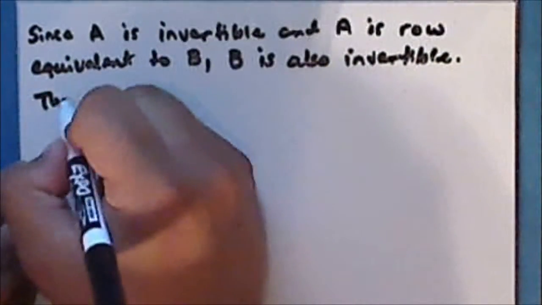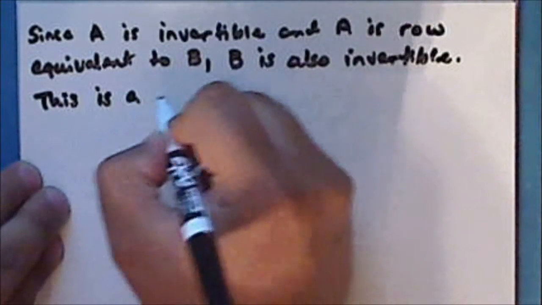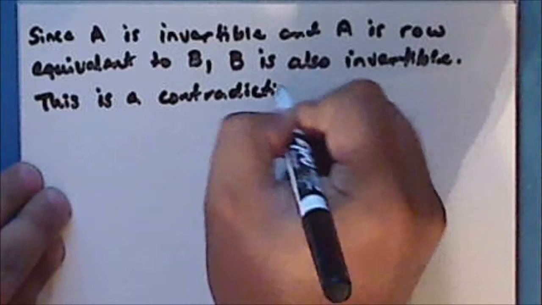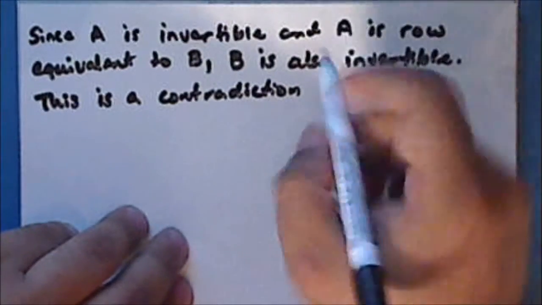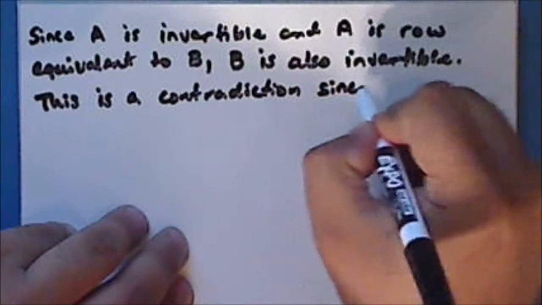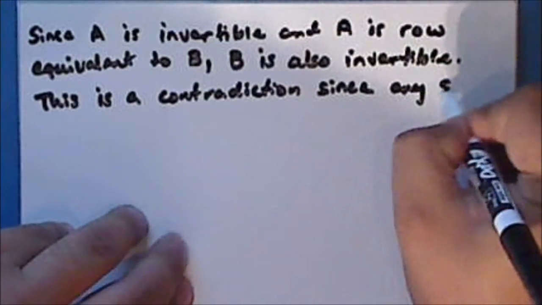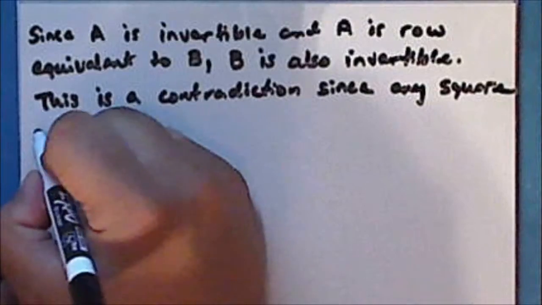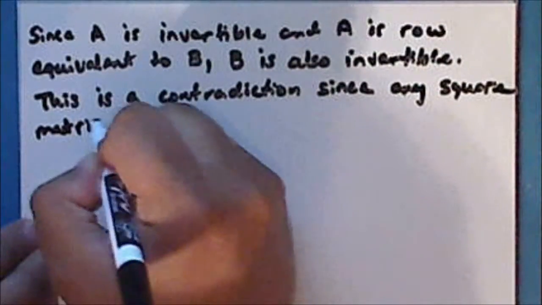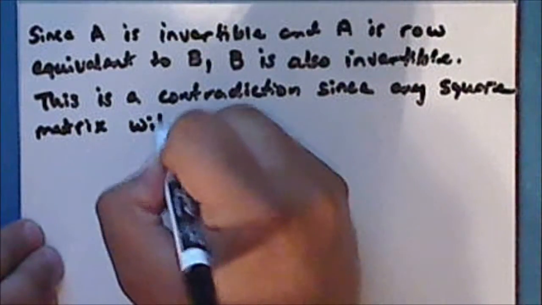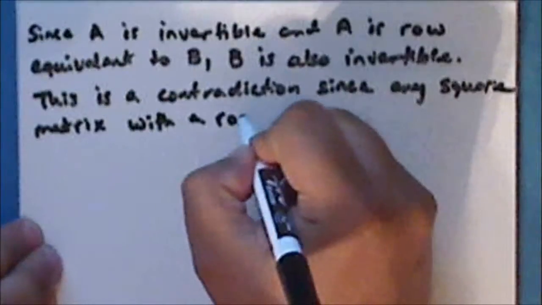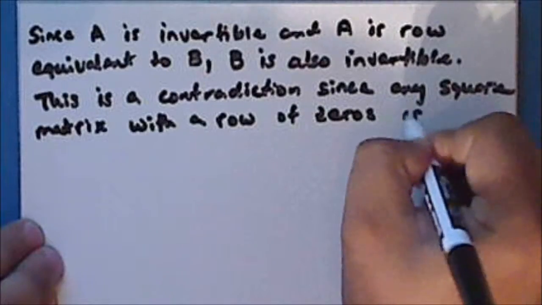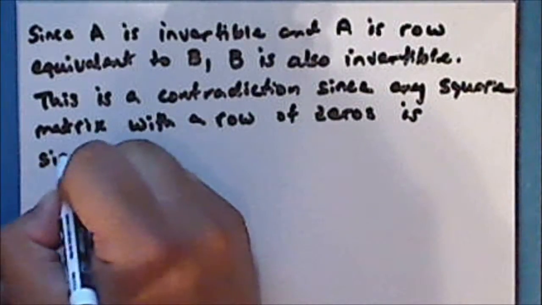But this is a contradiction, since any square matrix with a row of zeros is singular.